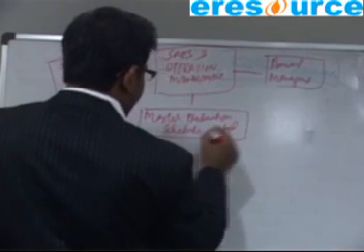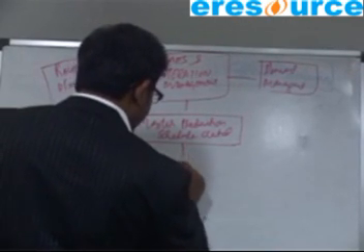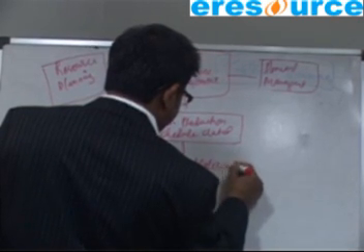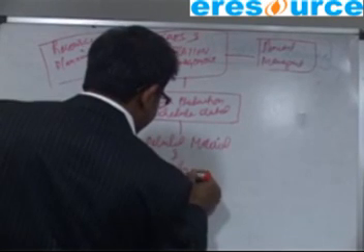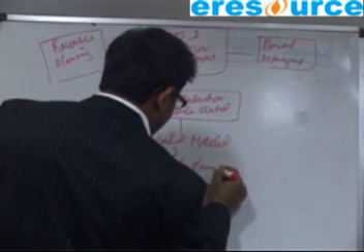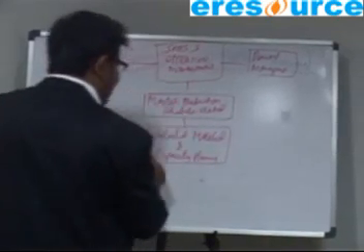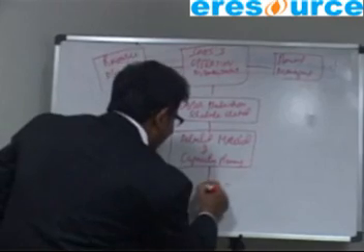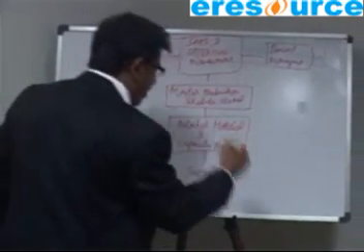From the master production schedule, there is a detailed material and capacity planning done. And from here, from the detailed material and capacity plan, there is the supplier operation. By supplier operation, I am referring to your procurement process.